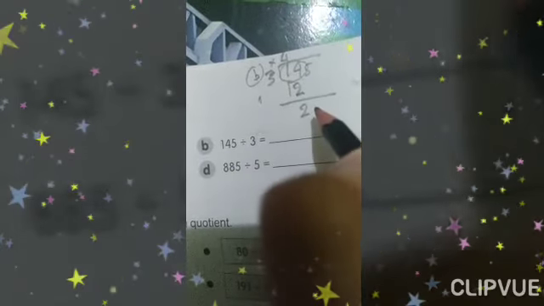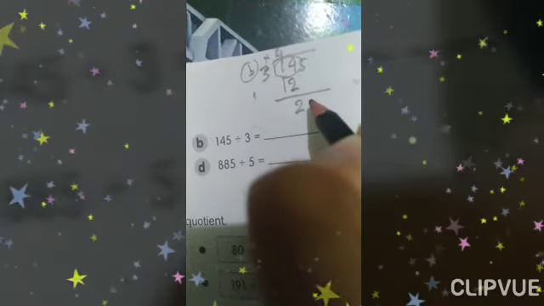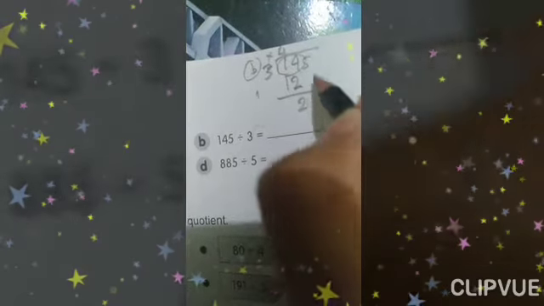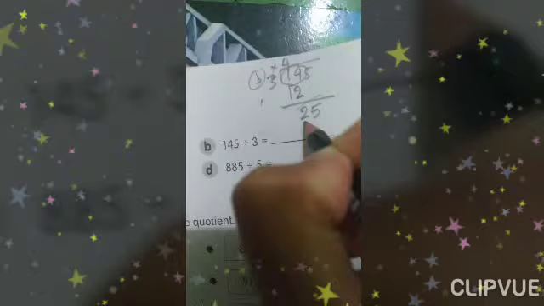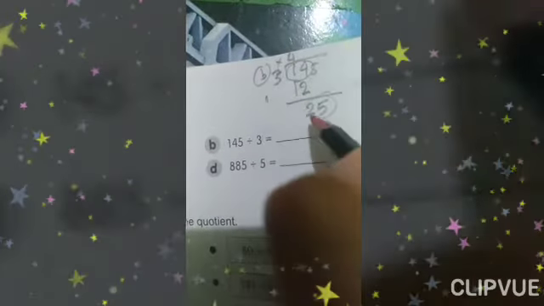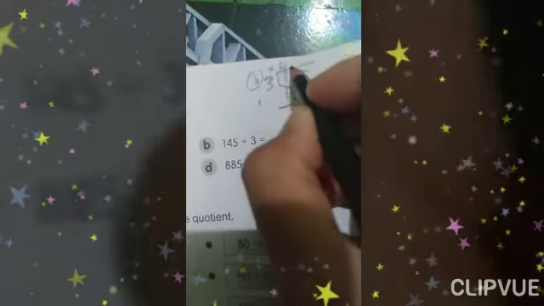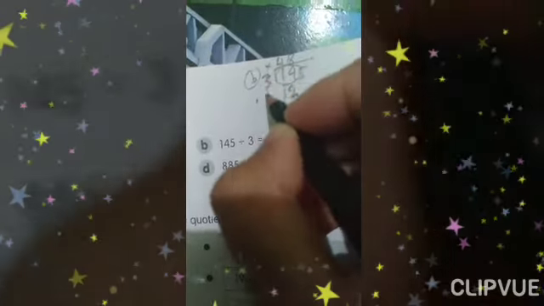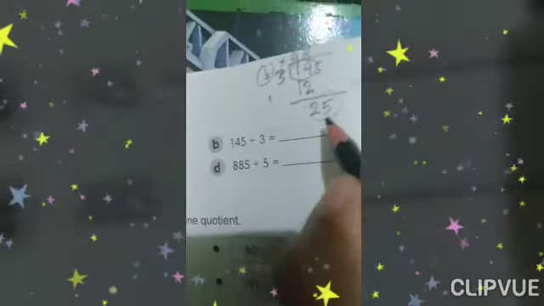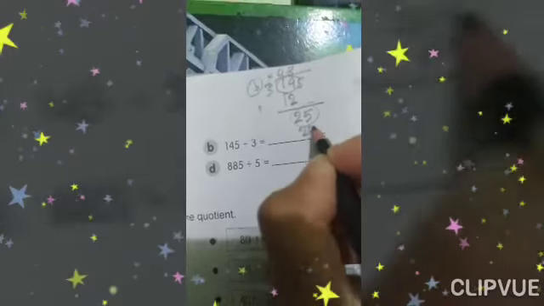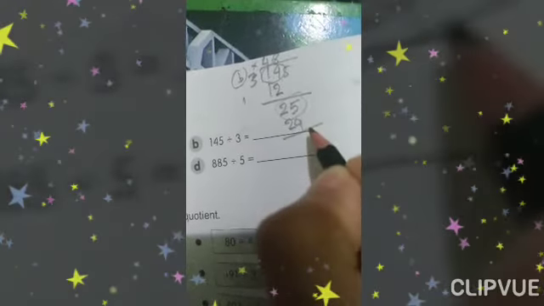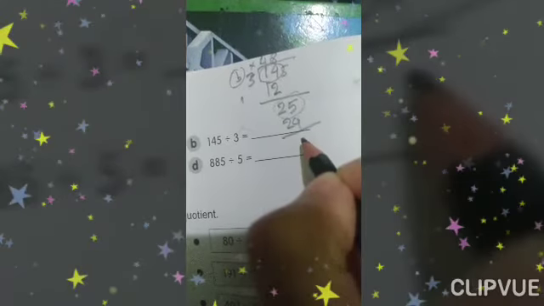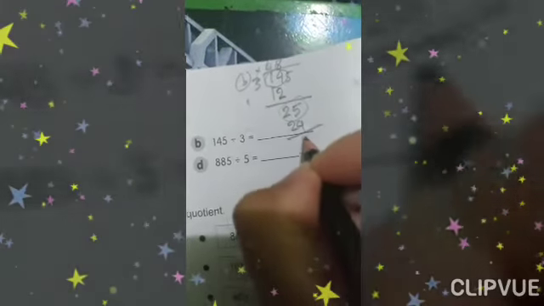And then 25, you write 5 here. 25 divided by 3 equals 8. We check: 3 times 8 equals 24. 25 minus 24 equals 1.